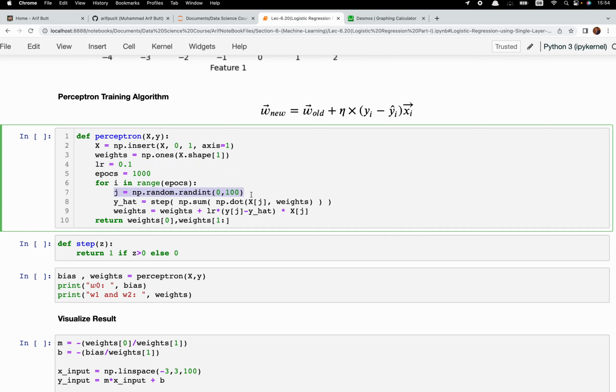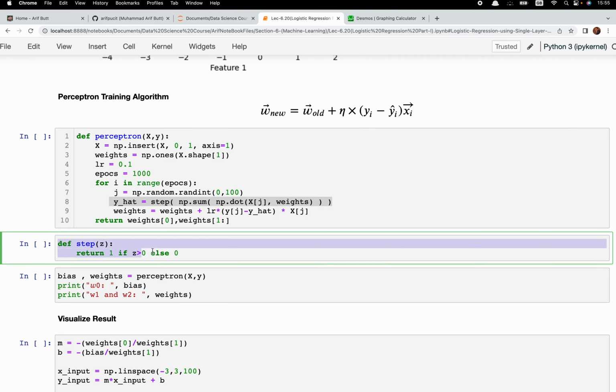Inside the loop, I am selecting a point at random, that is an index from 0 to 99, and keeping that index in J. Then I am using the step function to calculate the value of y hat, which is equal to the sum of the dot product of feature vectors and weight vector. And this is the step function. Over here I have defined it. I hope this makes sense.